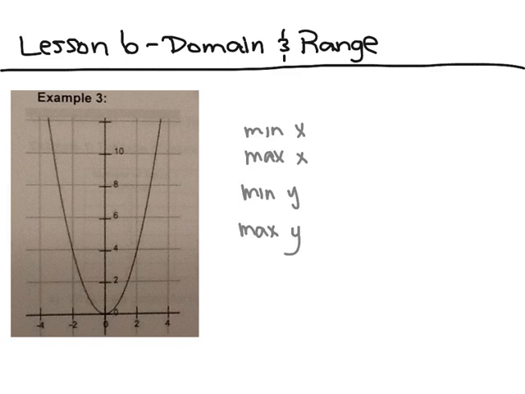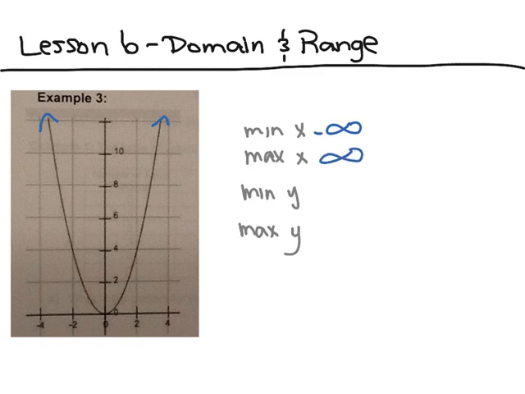So for example 3, there's no dots at the end of this line, so that means that it's going to go on forever. So our minimum x is, if you continued this function on and on and on forever, it would hit every x point negative, and it would hit every x point positive.